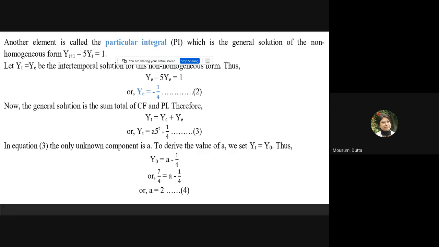As you know, the complementary function we consider as A b to the power t in this format. Okay, A b to the power t format. We consider the complementary function as A b to the power t format.